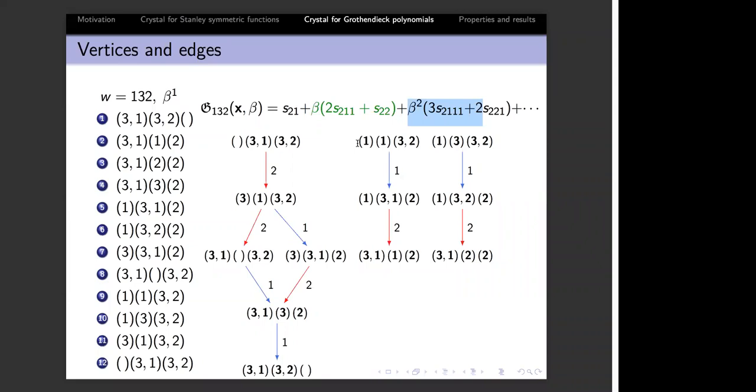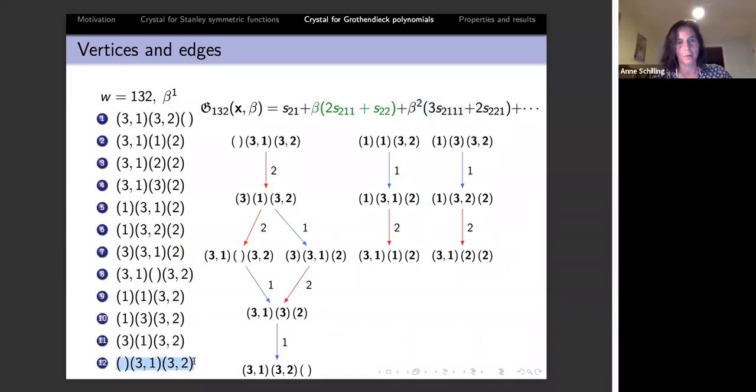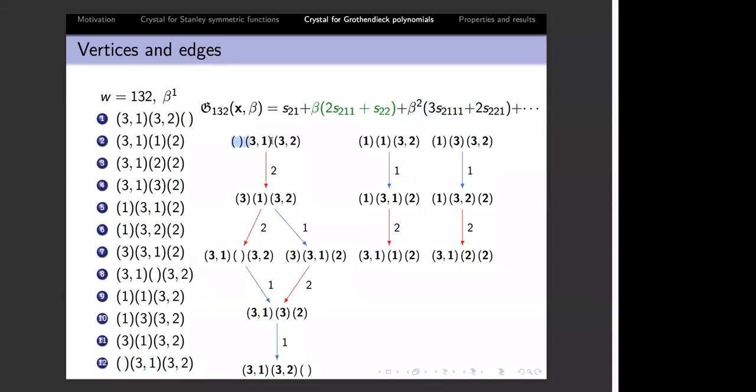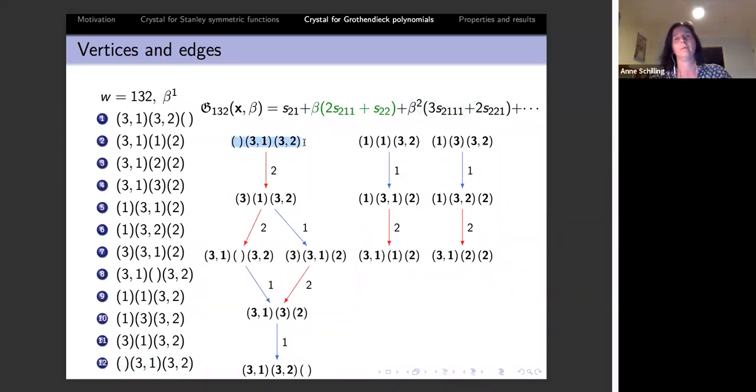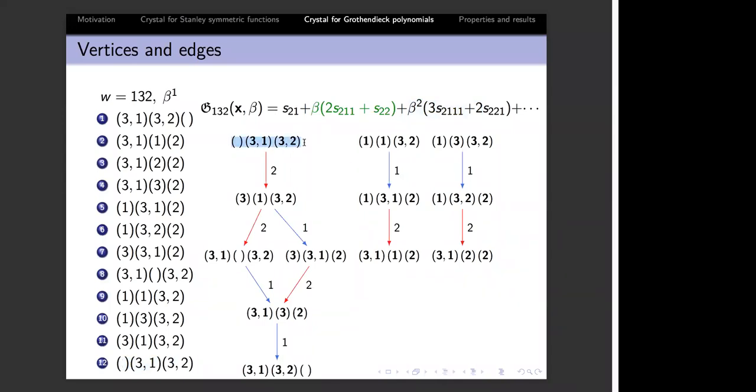So this, for example, the 3132 that you have on the leftmost crystal. This one? Yes. Now, you wrote some monomial for that, right?